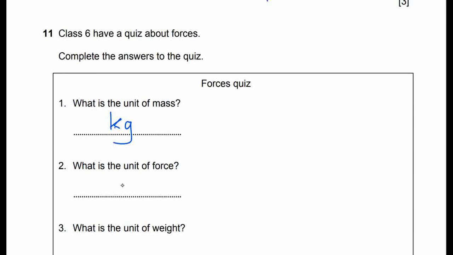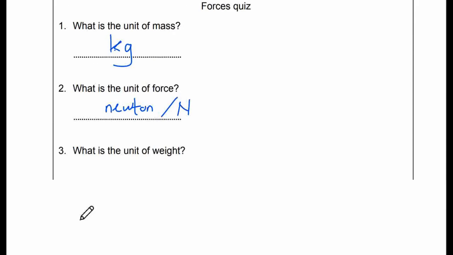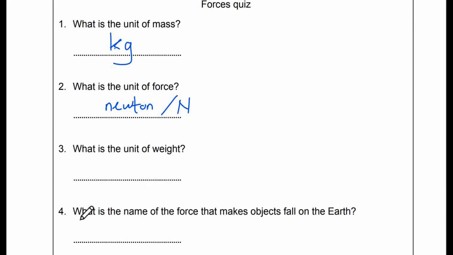Force is Newton, so we write Newton, or we can write N only. Now what is the unit of weight? It is actually the same. The unit of force and weight is the same. So it's Newton, or N.